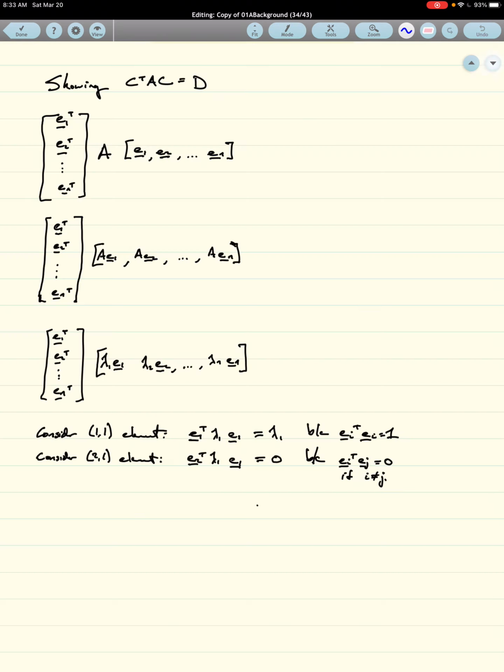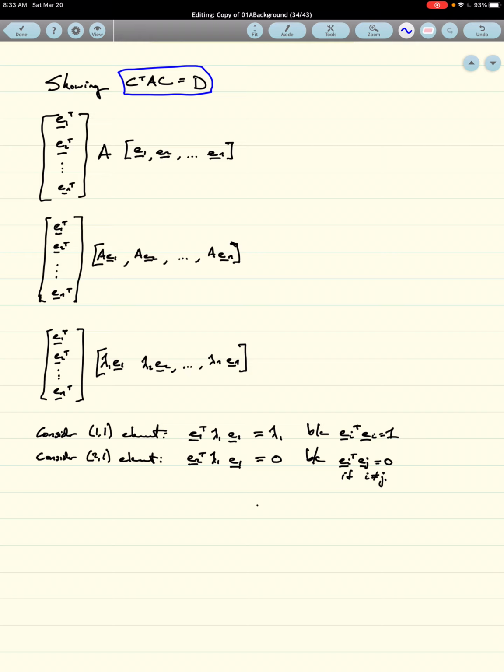Okay, so let me just illustrate this a little bit more than what the notes showed. For some reason, I used E's rather than C's. I tend to think of eigenvectors being E's, but here, what I have is C. I'm going to show that C transpose AC is equal to D. So this was our second equation.